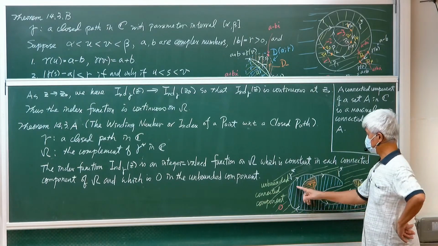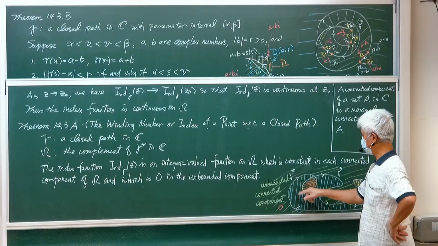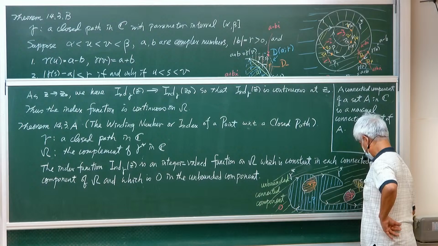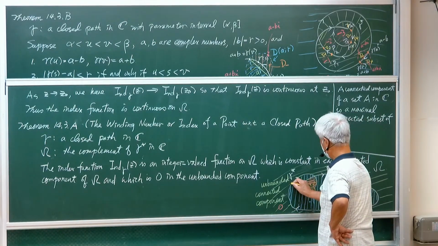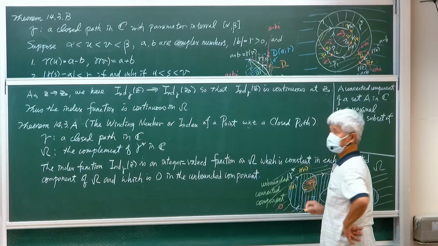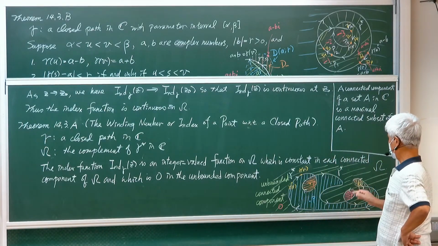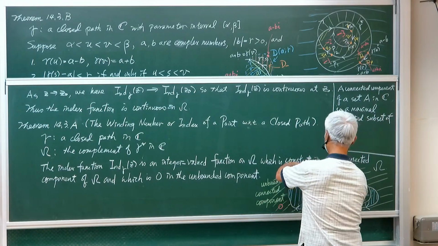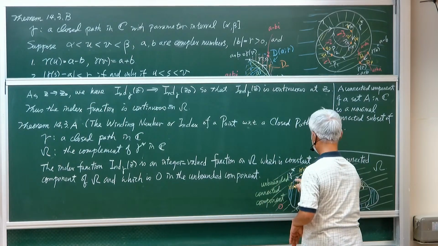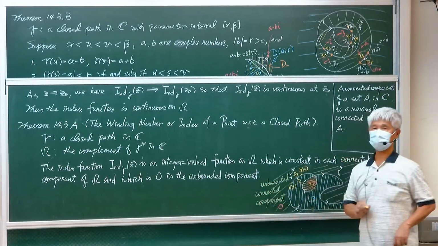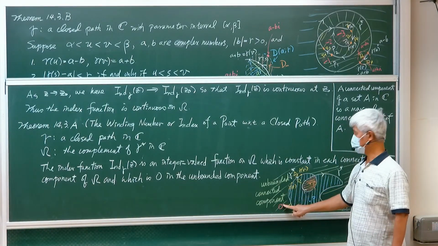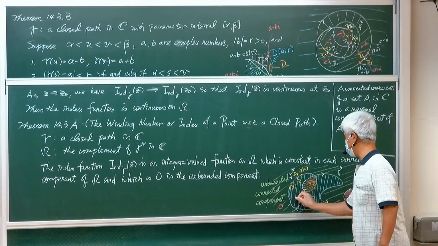How about the index of the blue connected component? Well, we select here 2 points. So this is gamma u, this is gamma v, and we travel. The right-hand side will be D minus, and the left-hand side will be D plus. Now, D plus has index 0, so D minus should have index minus 1.